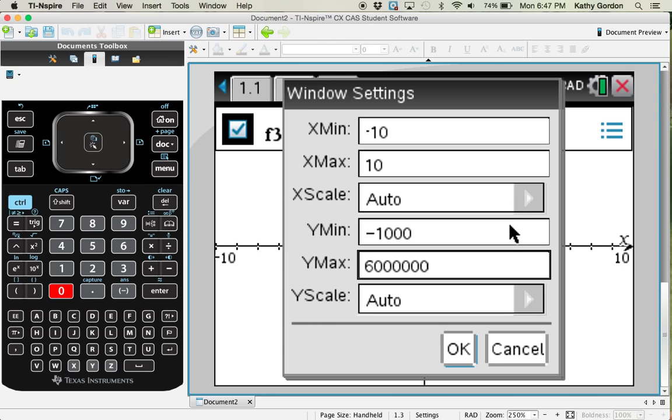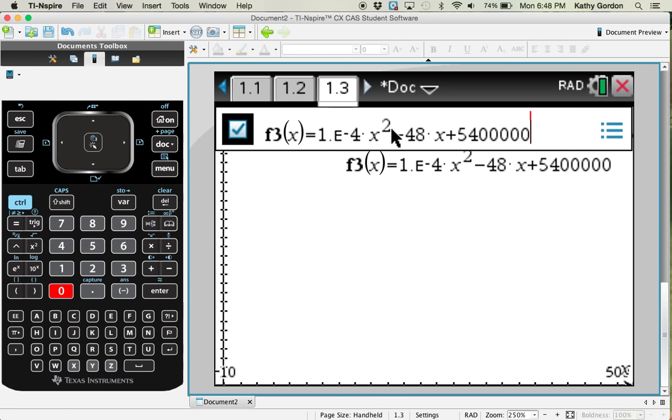I'm totally guessing at this, but based on the numbers that I'm using, these are numbers that maybe make sense. Now for my x's, I don't know that negatives really make much sense, so I'm going to just leave that at negative 10 for right now. For an x max, let's go 500. Just see what happens. If it's big enough, if it's not, we can always come back and readjust. Okay, am I seeing anything?